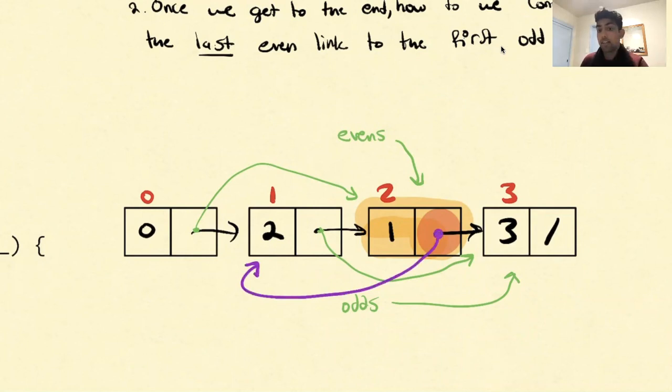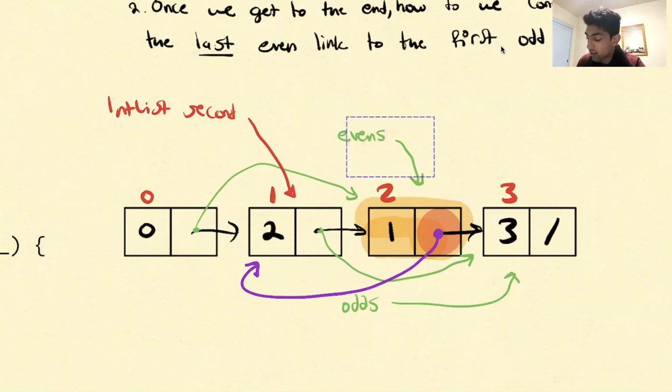To achieve that, my idea is let's have an original pointer, let's call it second, that will point to the second element in our linked list. In other words, it'll point to the first odd index link, so that when we have evens and odds, as they keep moving down this linked list, eventually evens will get to the last even index link, and then we will set evens.rest to be second.